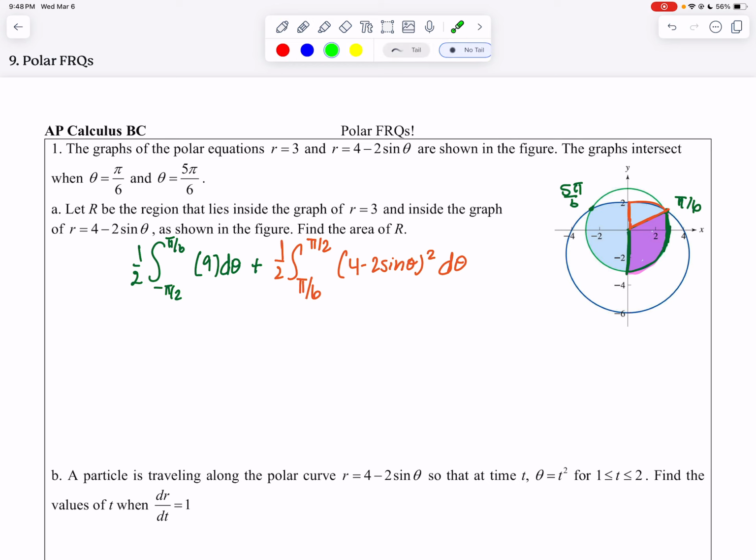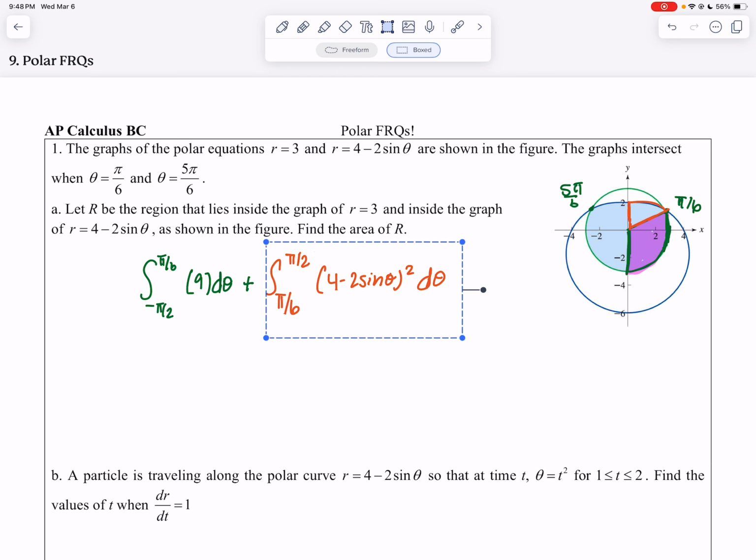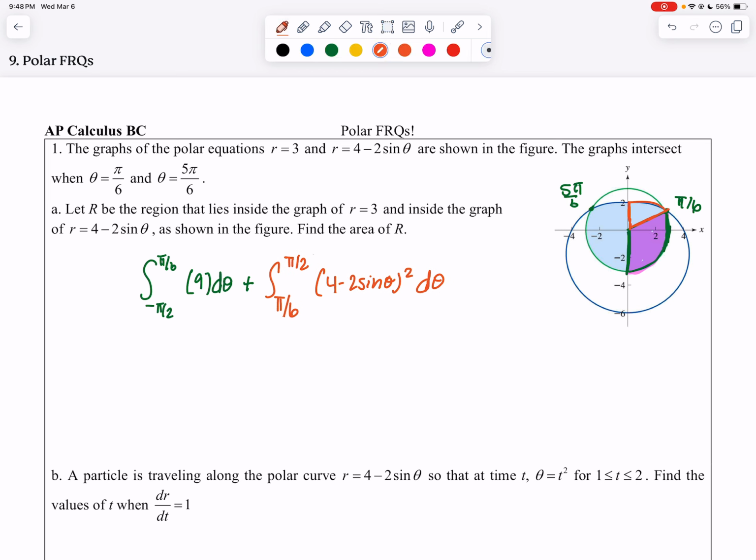Now remember that this is only the right side of my region. Since it is symmetrical, I'm going to multiply by 2, and if I do that, well, this goes away and this goes away. So I'm only left with my green and then my orange, add them together, and then call it a day. You guys can do that on your own in terms of putting this into the calculator.